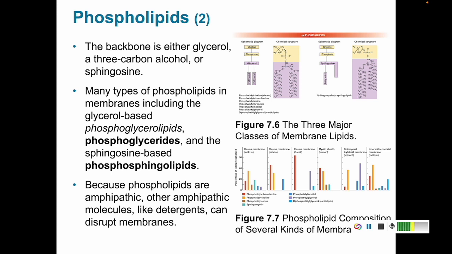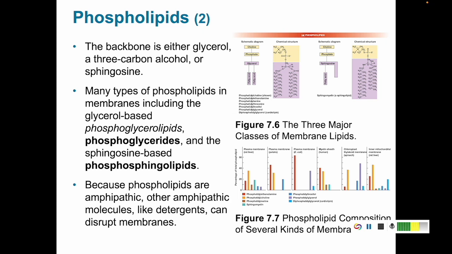The backbone can come from glycerol, which is a 3-carbon sugar, which then one of the carbons goes up to the phosphate, and then 2 of the carbons come down to your fatty acid tails. Or it could be based on sphingosine. Sphingosine is going to have part of it come down as a tail, attached to another fatty acid tail, and then attached to a phosphate and choline there.